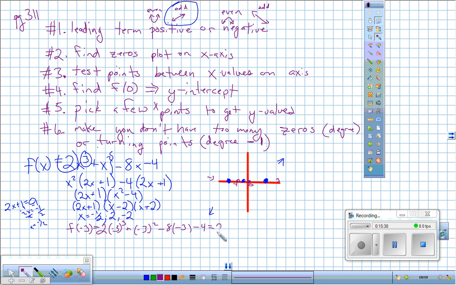So I will have 2 times -27 plus 9 plus 24 minus 4. Okay, so I will have -54. Then I'll add the rest of those things together. Plus 29. I'm not going to finish it.